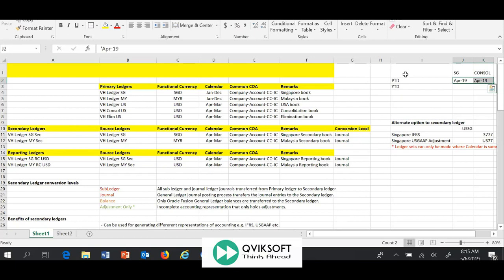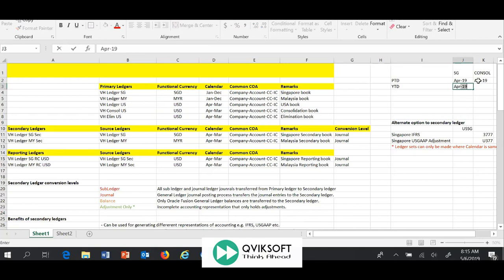But I'm moving my April balances to April in consolidation, April period transactions from Singapore. Will this give me any trouble? I don't think so. That's right, because I'm moving from one period to another period, just period transactions, no problem.